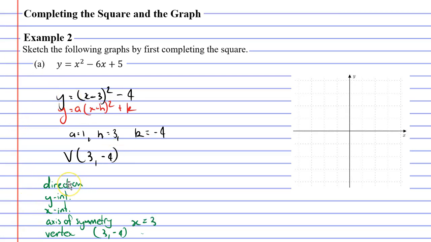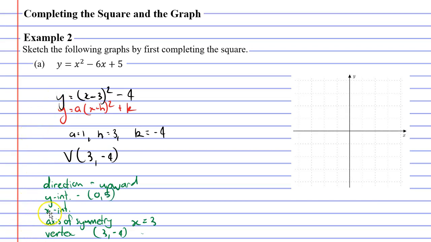Now to find the direction of the parabola and the y-intercept is really easy if we look at the original equation here. Looking to the left of x squared, we can see that it's positive, meaning it's an upward facing parabola. We can also see that we have the constant plus 5 at the end, which means that our y-intercept will be the point 0, 5.